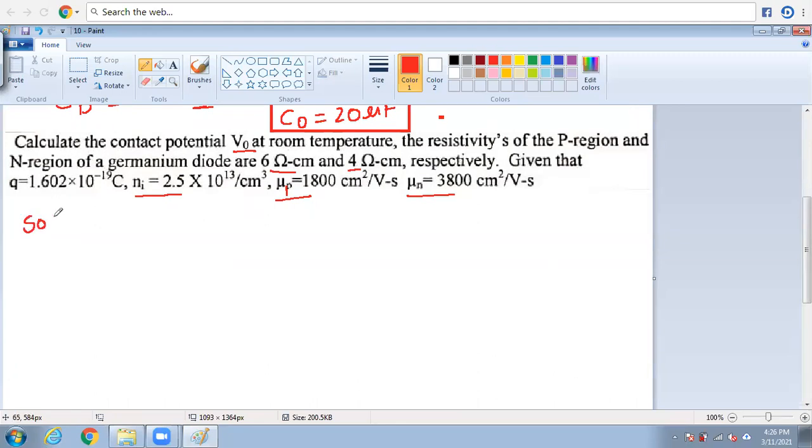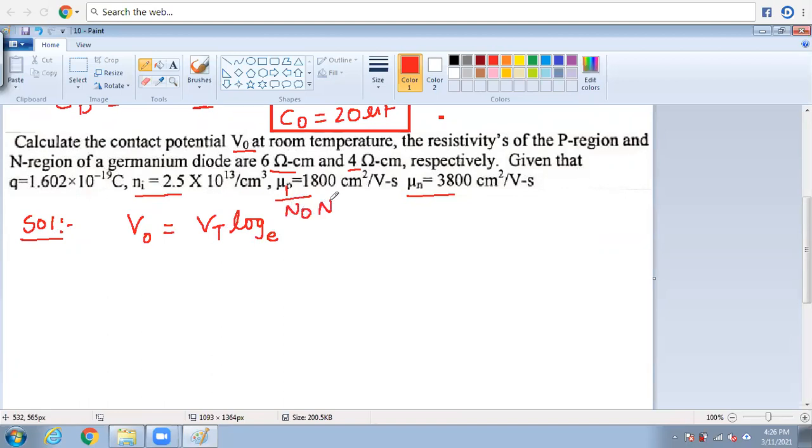Here I will start with the solution. I won't go into detail, it is very easy. I want the contact potential V naught. First of all, I will write the direct expression: V naught equals VT into log or ln of ND, the donor concentration, times Na, the acceptor concentration, divided by Ni square, the intrinsic concentration. Sometimes they mention log, sometimes ln, nothing to worry.